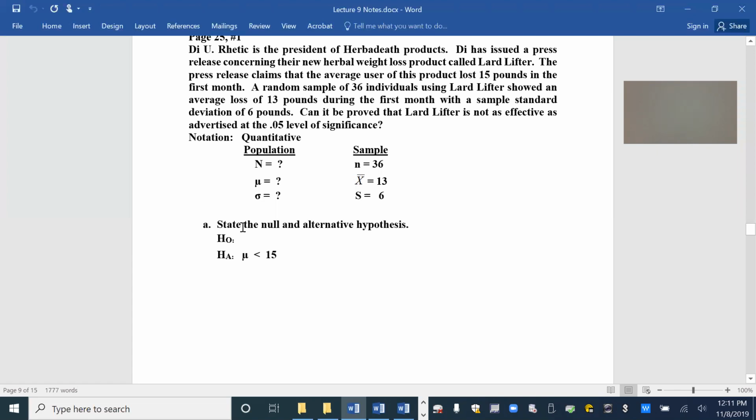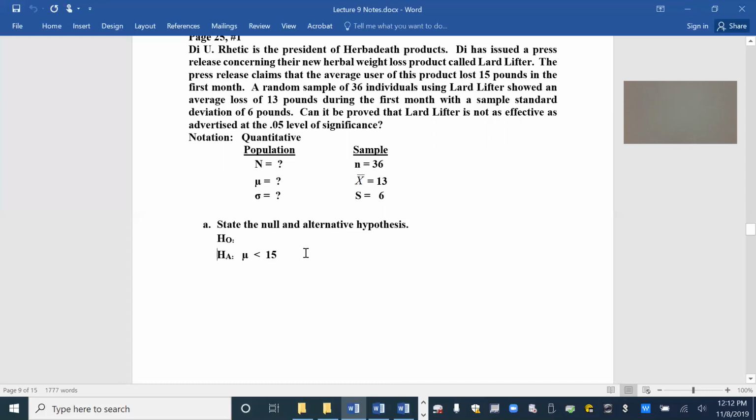All right. A hypothesis test is a courtroom proceeding. And in the courtroom, you've got a plaintiff and you've got the defendant. The plaintiff files the case. This notation here, HA, stands for alternative hypothesis. That's the plaintiff. You state this case first.